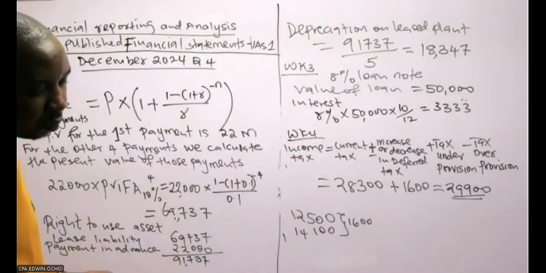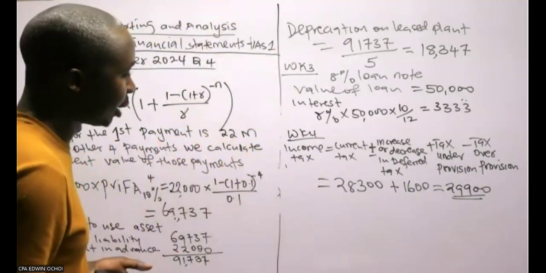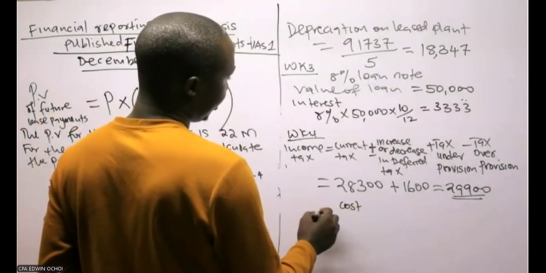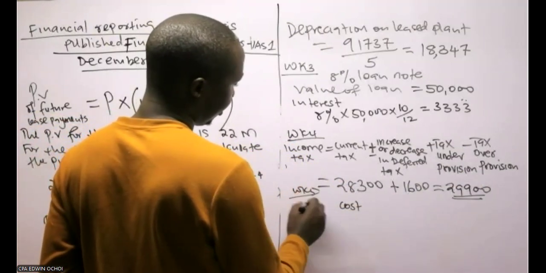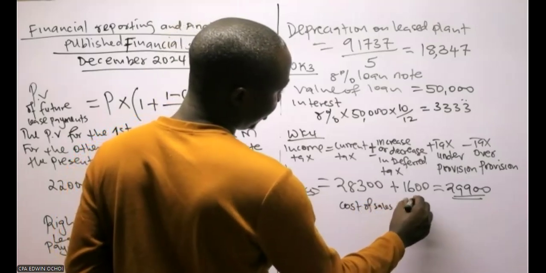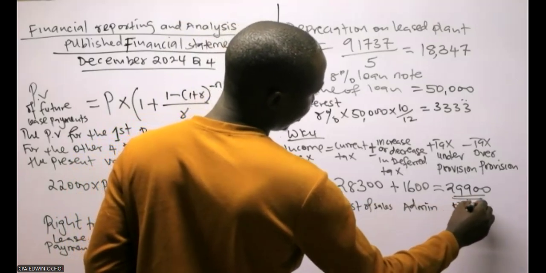29,900. Then we said that expenses are supposed to be classified under what? Cost of sales. So working file. Some expenses go to the cost of sales, some go to admin, some go to distribution.